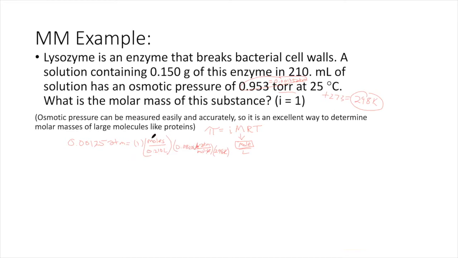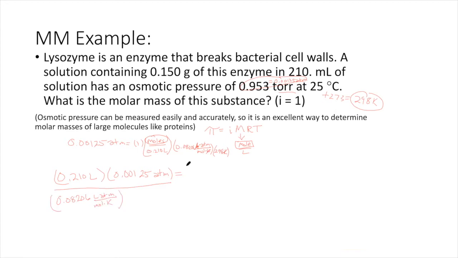Well, what I need to do is just rearrange and solve for this. Okay, so the number of moles, then if I move everything else around the moles over to this other side by multiplying both sides by the 0.210 liters times 0.00125 atmospheres. Okay, and then I also divide by R, so divide by 0.08206, and that has units of liter atmospheres per mole Kelvin.